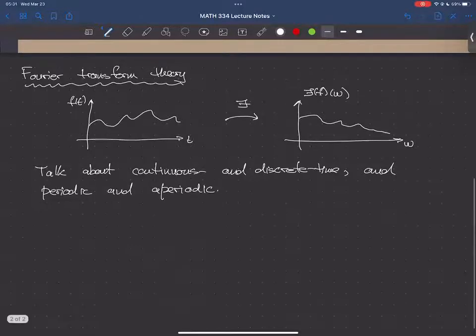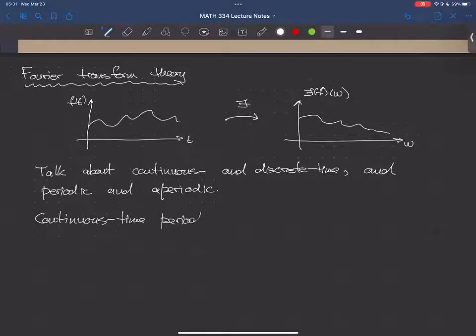So let's think about the continuous time periodic case. We have f, and it's continuous time.